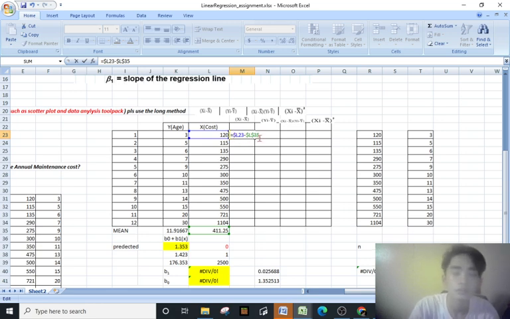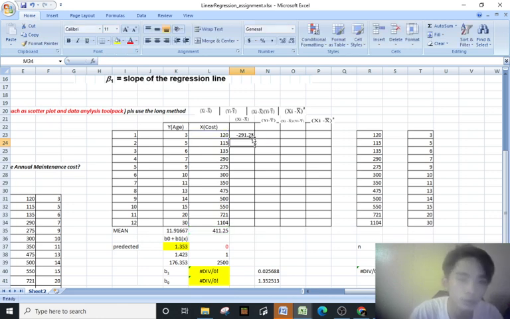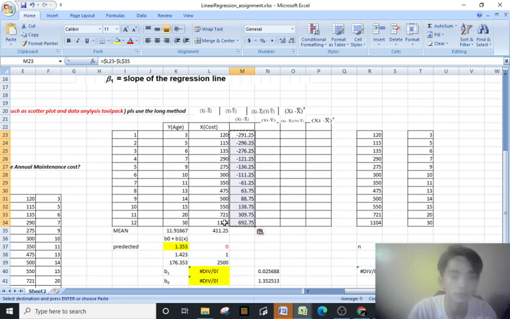Then click enter, getting the first number minus the average. It generates negative 291.5. We need to copy and paste it from the first to the last, the 12th.